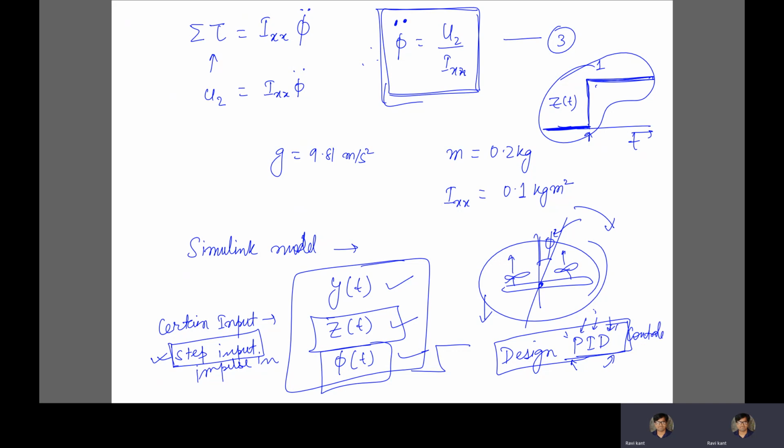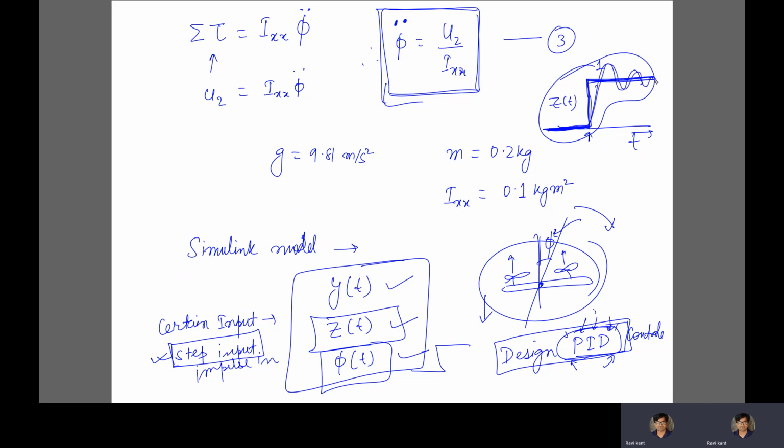Based on the feedback error, it is going to give a control input in order to get the desired response. Let's suppose I am giving a jump in this fashion. This is your input and this is your output.